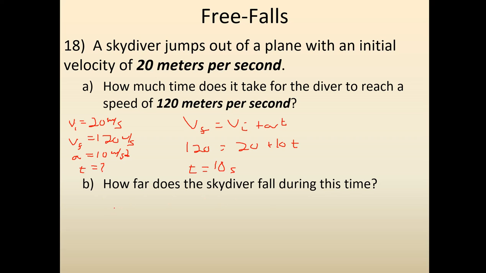Part B, they want to know the distance that he falls during this time. So I'm actually going to use the magic D. D equals vit plus 1/2 at squared. The initial velocity is 20 times 10, plus 1/2 times 10 times 10 squared.